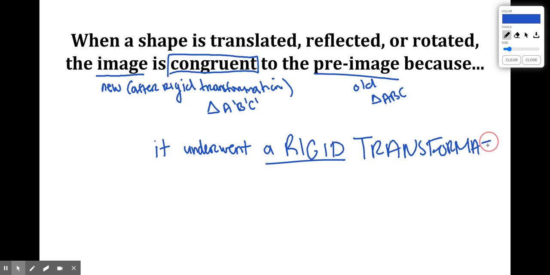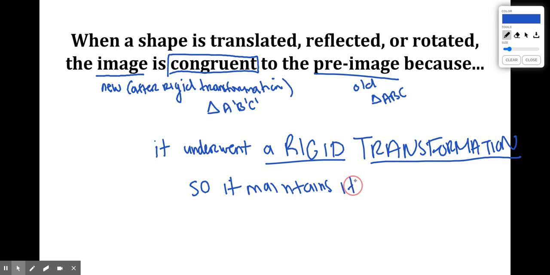And if it is rigid, it means that it maintains its shape and size. So if it underwent a rigid transformation, it maintains its shape and size. Therefore, it has to be congruent, right? Just as simple as that. Let's keep moving.